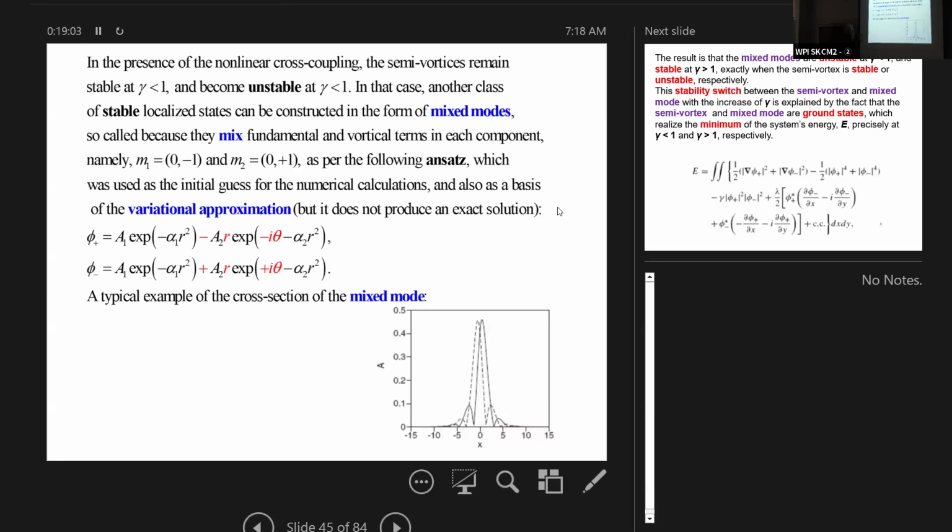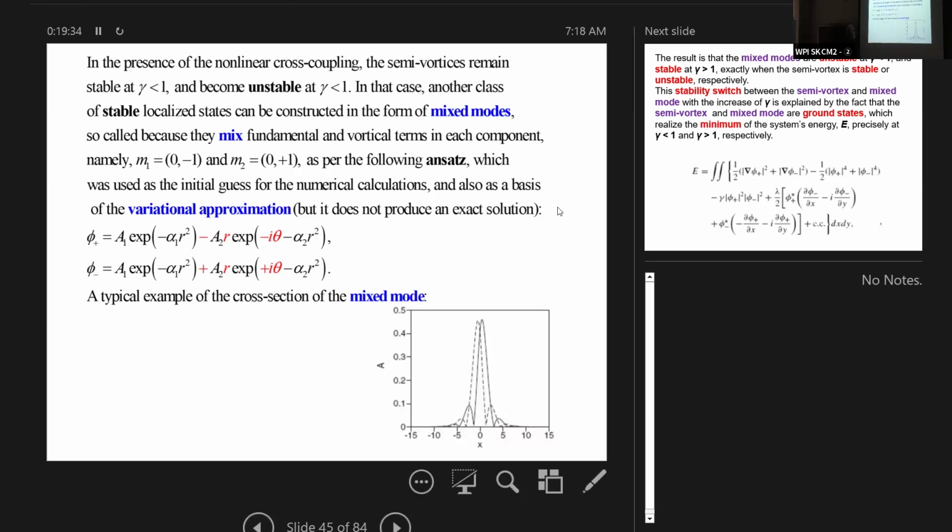It's not the exact ansatz, it's not exactly compatible with the equations, but it's actually a sufficiently good initial condition to numerically construct a soliton solution of this type, which we call the mixed mode solution. This is a typical structure of the solution shown by means of the cross sections of the two components, continuous and dashed. Now, a characteristic feature is that the points of maxima are always split, somehow separated.